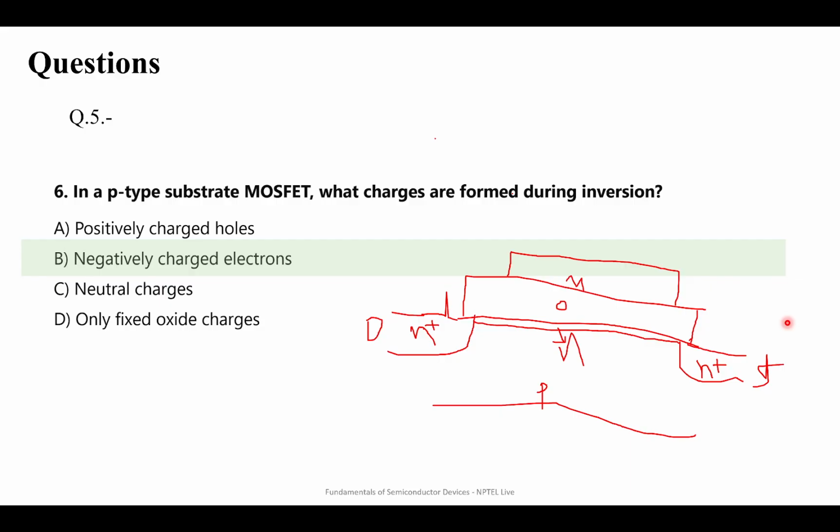MOSFET is basically a MOS capacitor plus you have a drain and source. So this is your MOS cap, and then you add a drain and source here. That makes it a MOSFET.